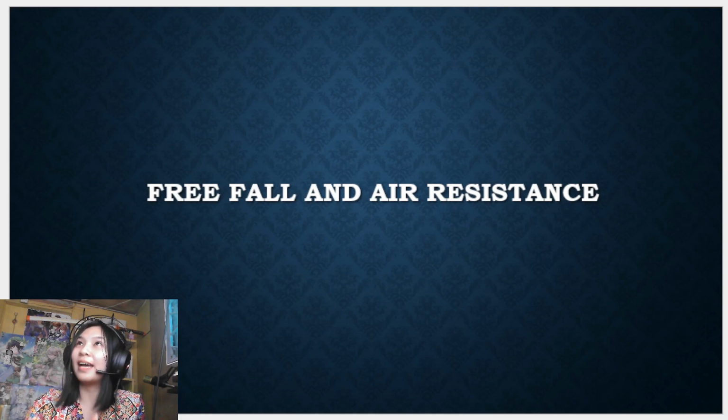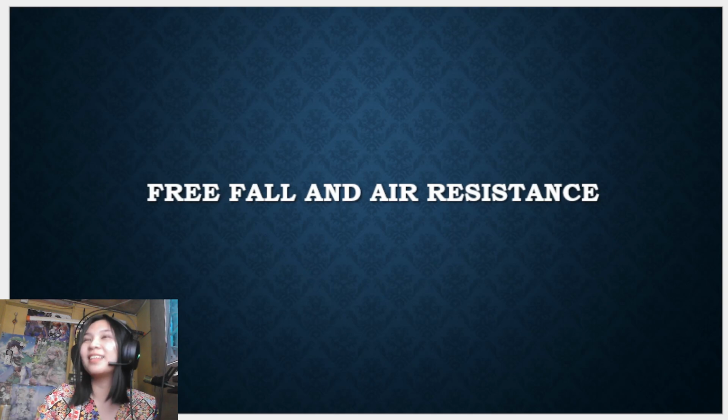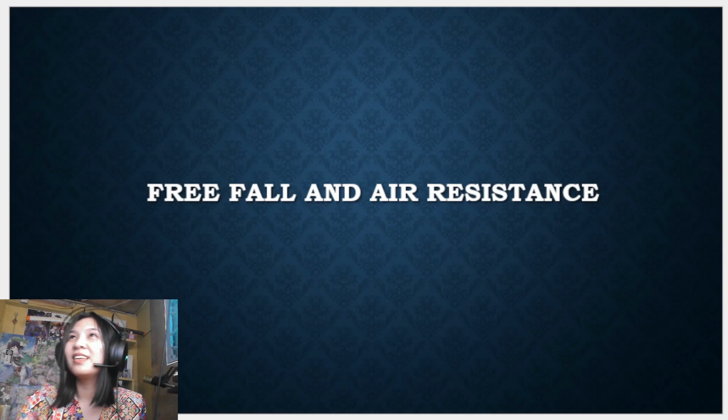Okay, because in real life, or what we see here on Earth, there is air resistance. Okay, there is air, of course, no? So we have an atmosphere, so there is air resistance. But outside, in space, there is no air they can encounter.